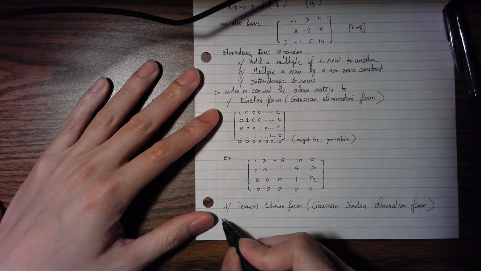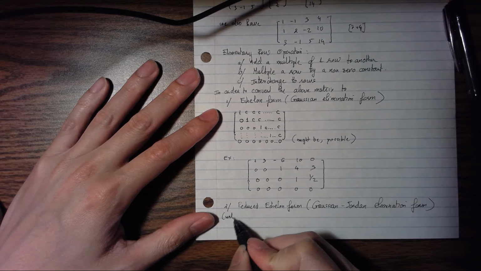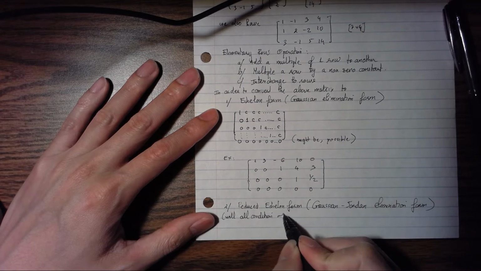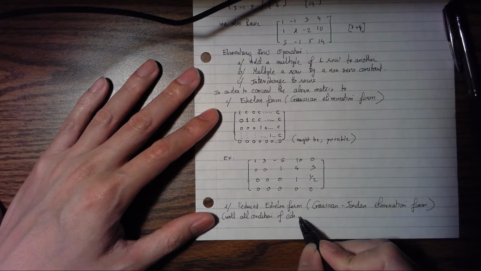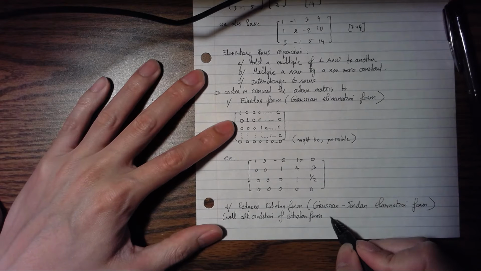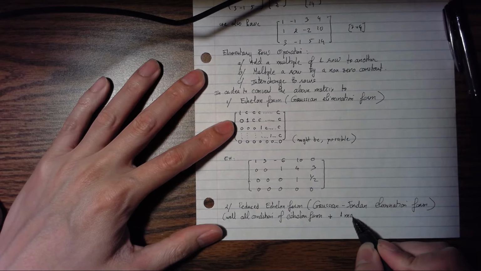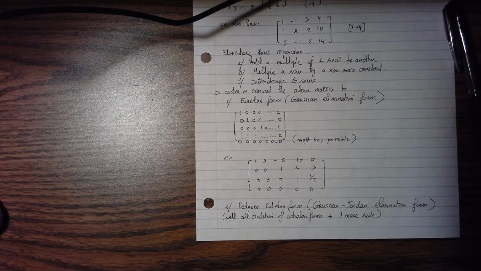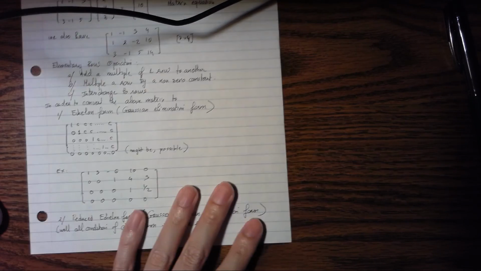So I'm going to put over here: we have all the conditions of echelon form plus one more rule. What is that one more rule? Okay, let me give you the general form of Gauss-Jordan elimination form.